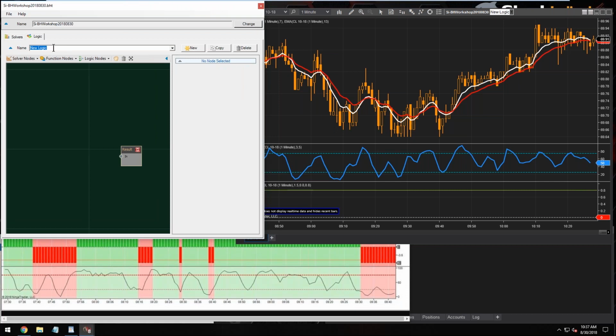What am I going to call this? I guess an EMA crossover with higher highs or lower lows, basically confirmation there.